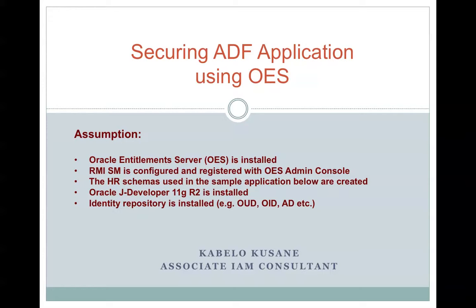It is assumed that you have Oracle JDeveloper 11G-R2 installed. It is assumed that you have Identity Repository installed. For the purpose of this tutorial, I've installed Oracle Unified Directory Server to act as our Identity Repository. I've already created the identities and the groups concerned.